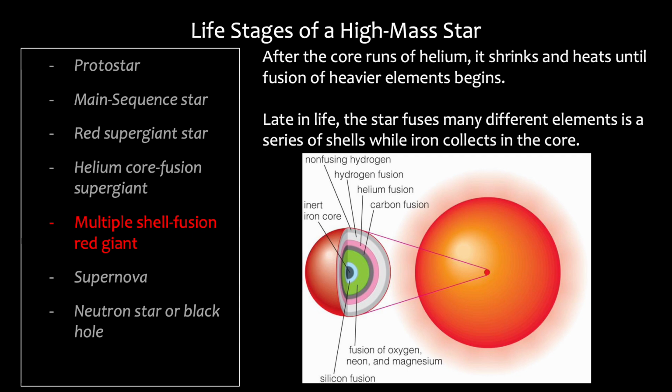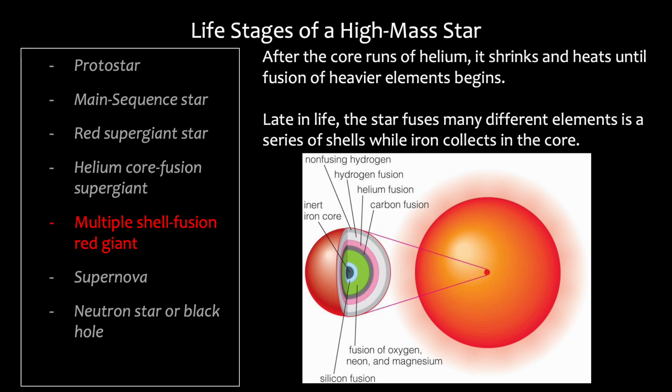Once again, the absence of fusion, now that the carbon does not burn, leaves the core without an energy source to fight off the crush of gravity. So right now, this process is repeated again. The inner carbon core shrinks, the crush of gravity intensifies, and the core pressure, temperature, and density all rise.